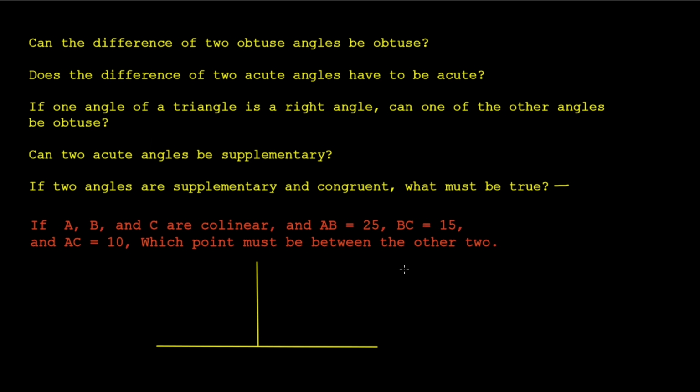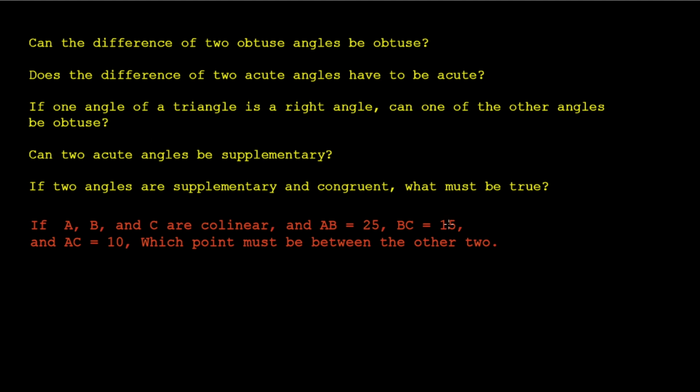If one angle, say, is W and the other angle is W and they add up to 180, well, 2W equals 180, W equals 90. So these both must be right angles. So the question is, if two angles are supplementary and congruent, what must be true? They must both be right angles. And that is the answer to this question here.